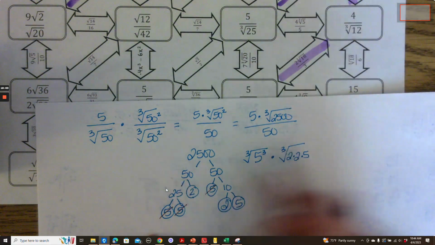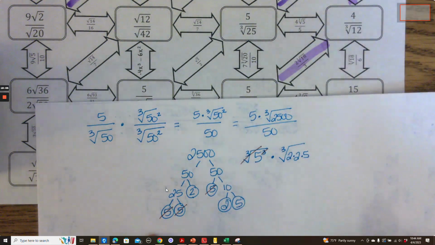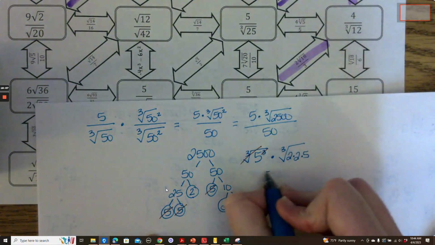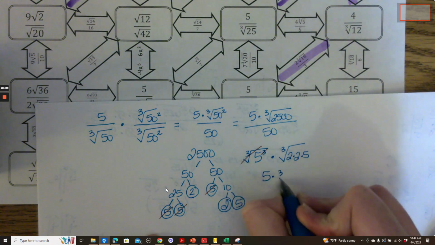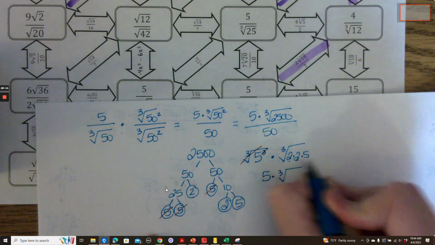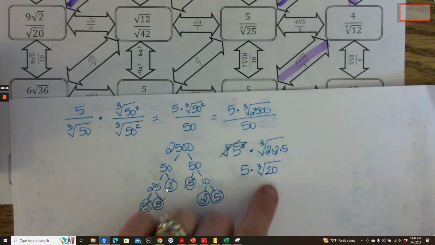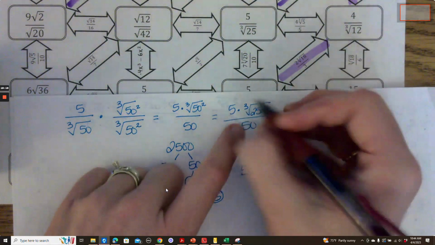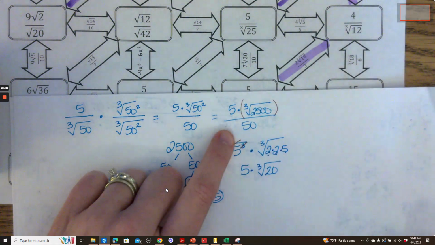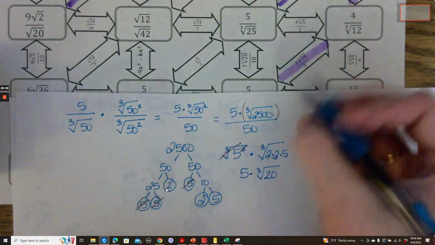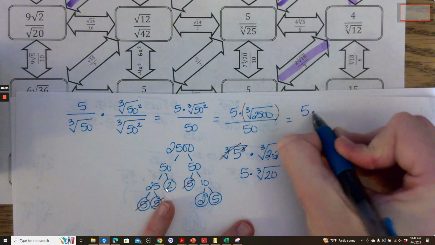So this will cancel for me. 2 times 2 is 4, times 5 is 20. So that just replaces this. That 5 is still up there. So don't lose numbers.